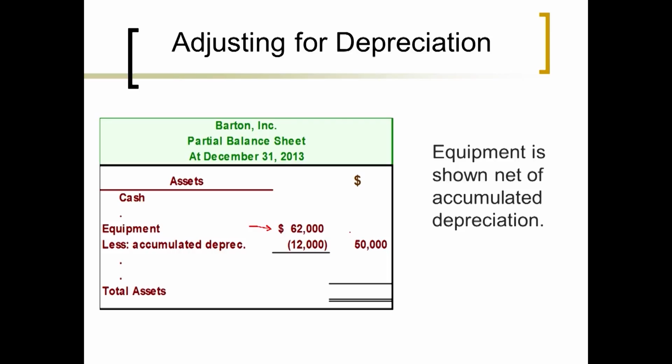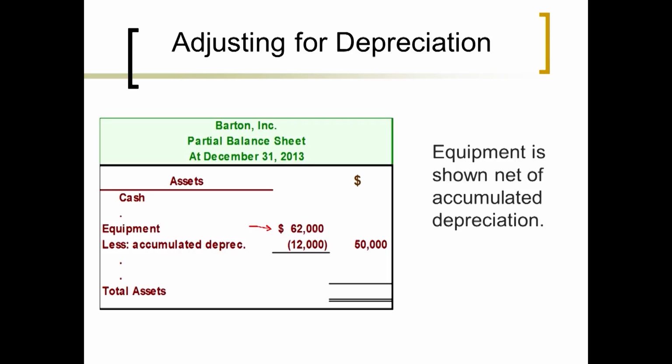Now, it's a contra asset, so it goes on the balance sheet with assets. How does it look on the balance sheet? It looks like this. You list out your asset. Now, we didn't affect the asset, right? Our AJE did not debit or credit equipment.